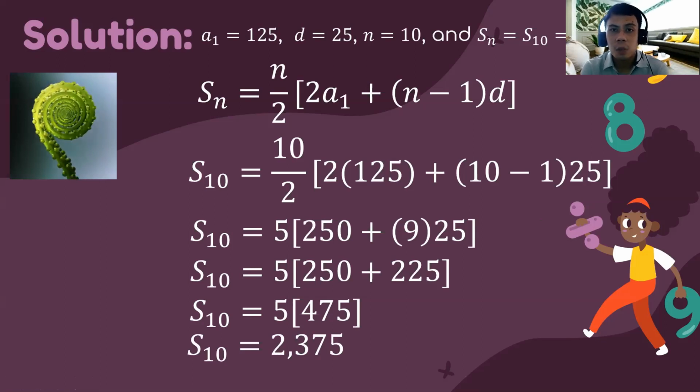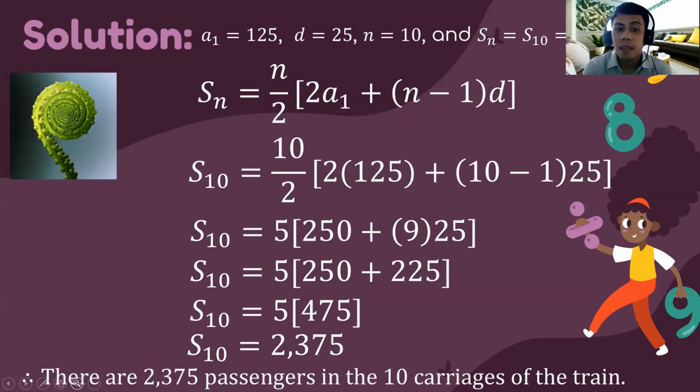This is the total number of all the passengers from the first carriage of the train to the 10th carriage of the train. So we can say that there are 2,375 passengers in the 10 carriages of the train.